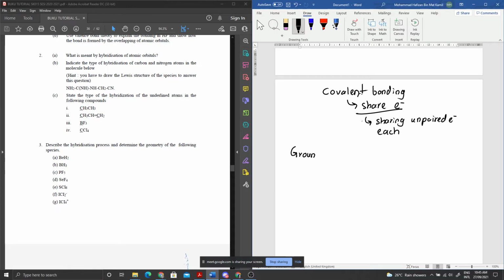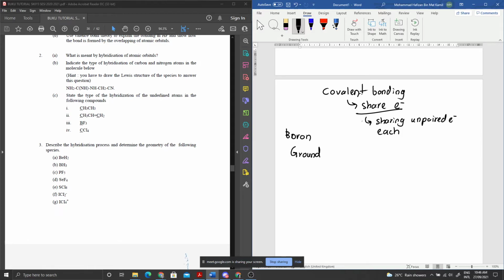The atoms sekeliling sometimes they also do hybridization, but in your syllabus just know that only central atom yang jadi hybridization. Okay, nanti you guys masuk university jangan terkejut when the atoms yang keliling pun happens to be undergo hybridization. Okay, so now let's explain on boron.